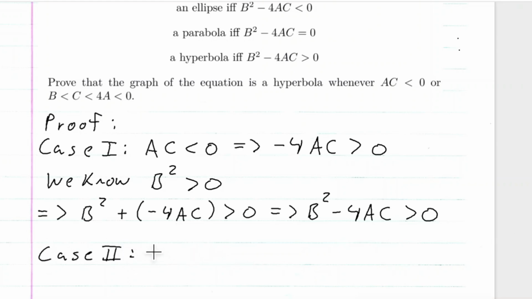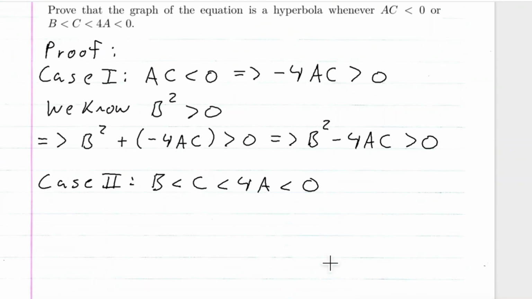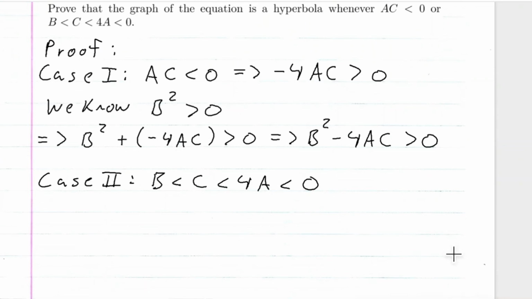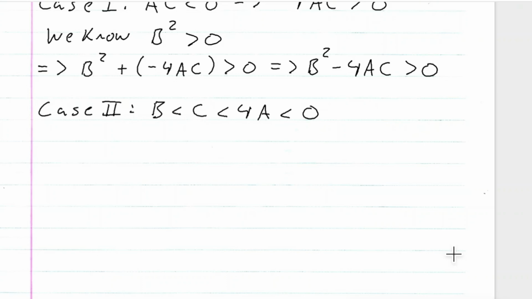Okay, so the second case is when b is less than c, less than 4a, and less than 0. So remember, I want to get b² and 4ac somehow, right? So to get that b², I can multiply this entire thing by b.